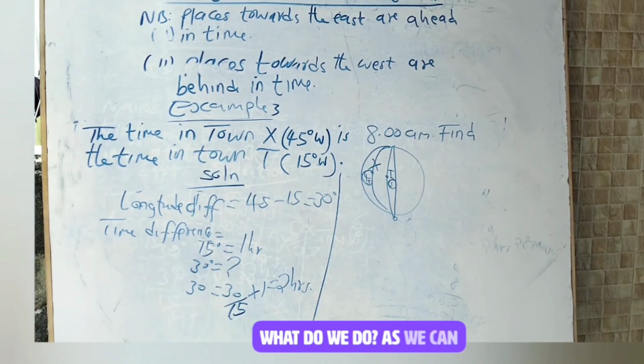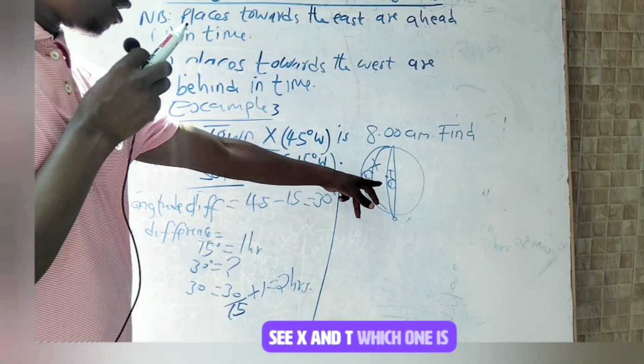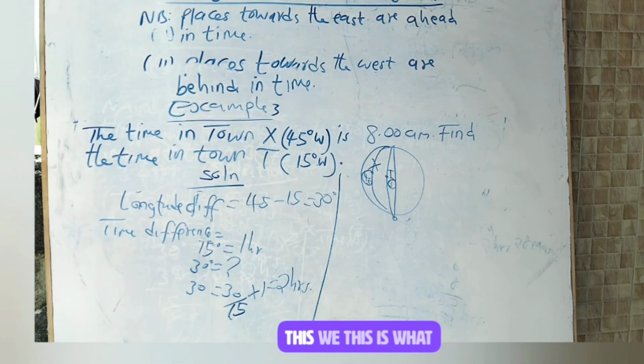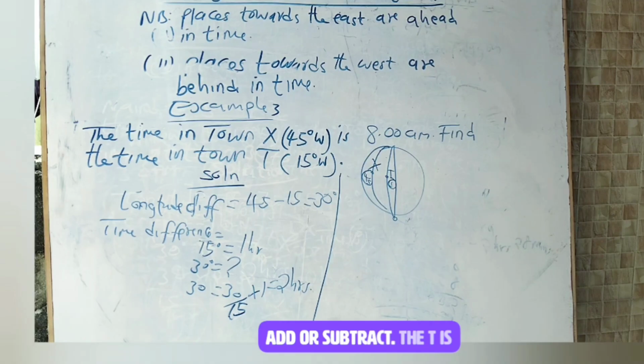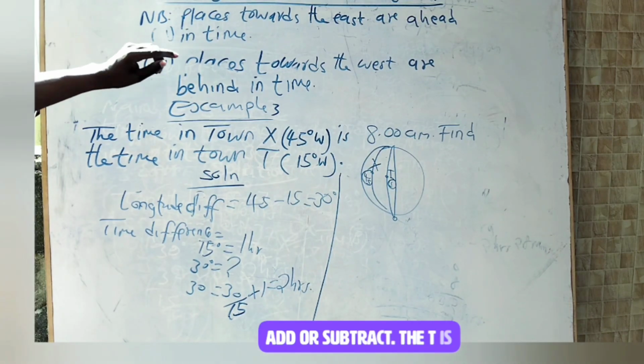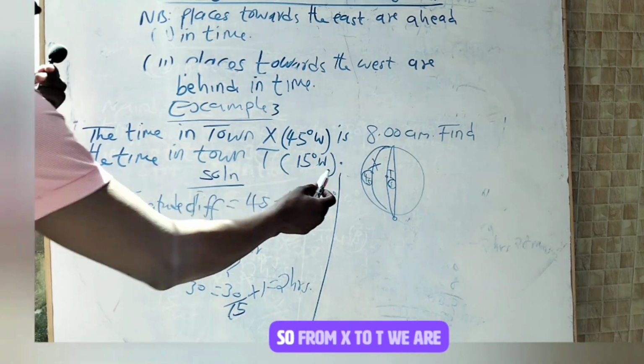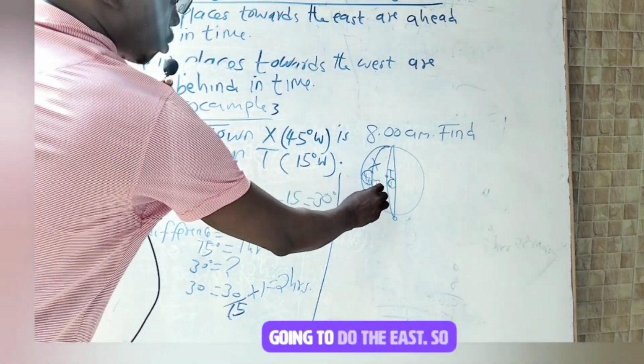What do we do? As we can see, X and T, which one is the east of the other? This is what helps us to understand whether we are going to add or subtract. The T is to the east of X. So from X to T you are going to the east.